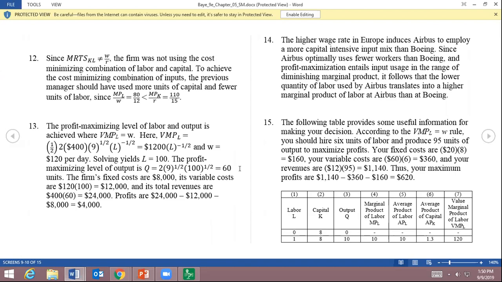Pardon? The answer to L is 100. The answer to Q is 60, and the answer to pi is 4,000. You were still on L the whole time? I'm sorry, I shouldn't have jumped ahead of you.